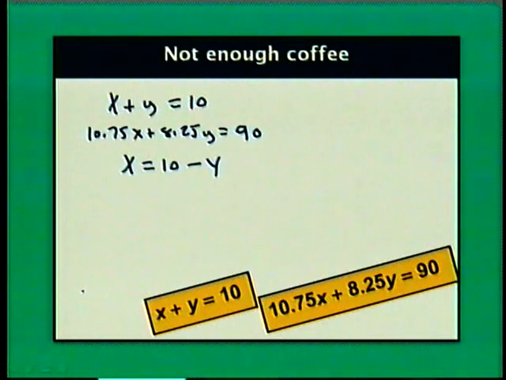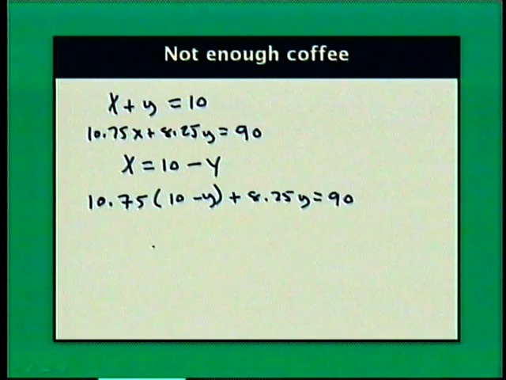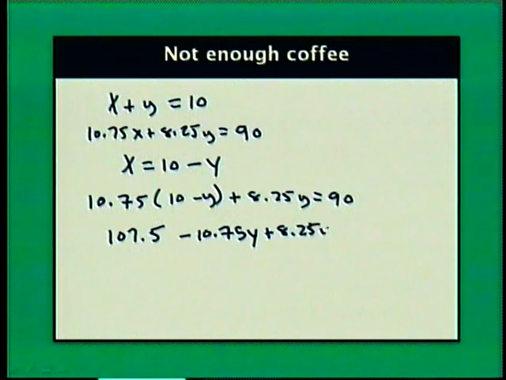So substituting 10 minus y for x in the second equation, I get 10.75 times (10 minus y) plus 8.25y equals 90. So solving this for y, I have 107.5 minus 10.75y plus 8.25y equals 90.